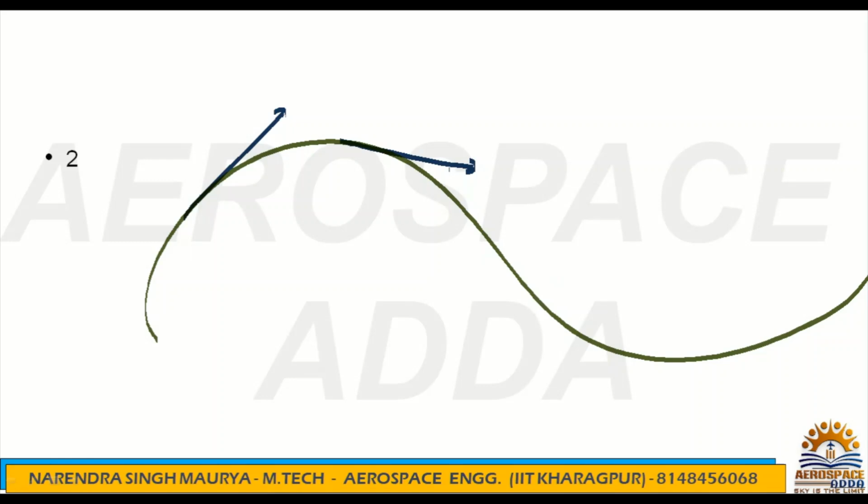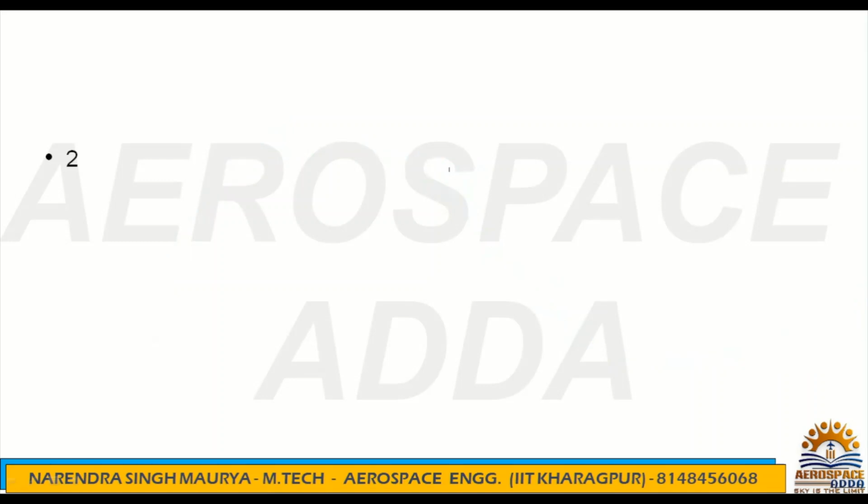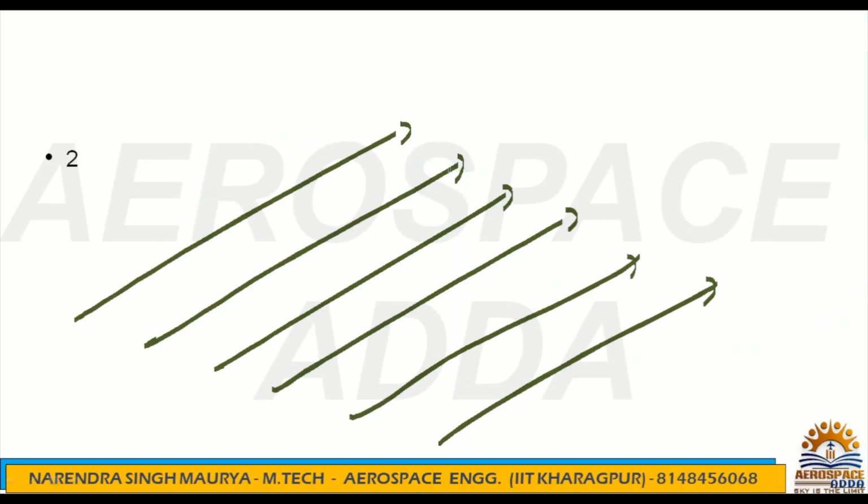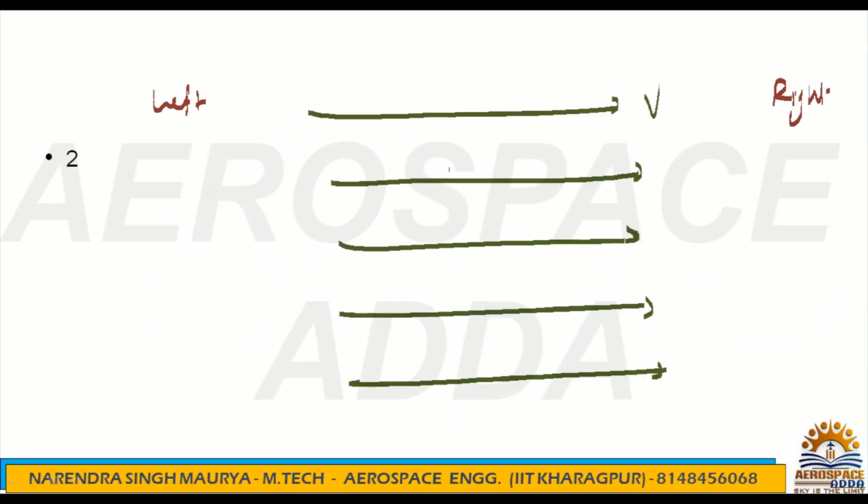We can say streamlines have eyes; they are not blind. They can see the direction. If I say left to right, only streamlines can see that they have to move from left to right. So whatever flow pattern you show, it is only a streamline.